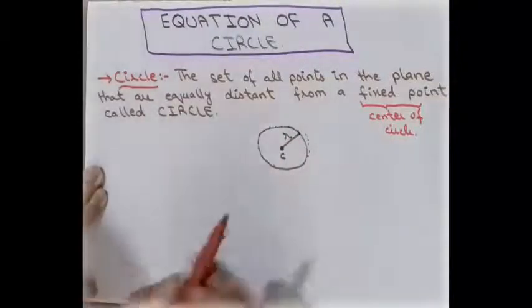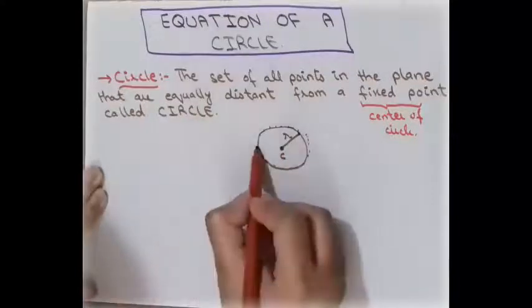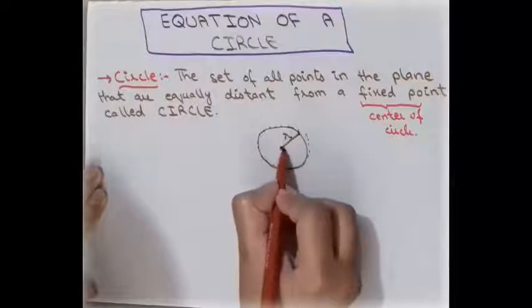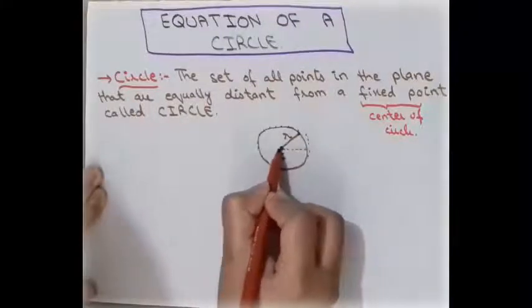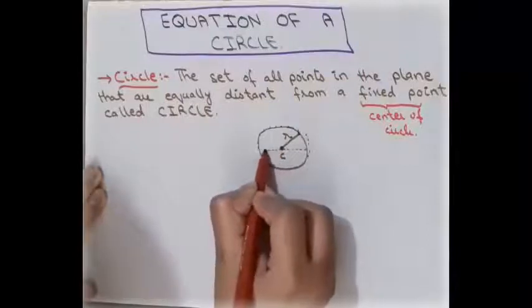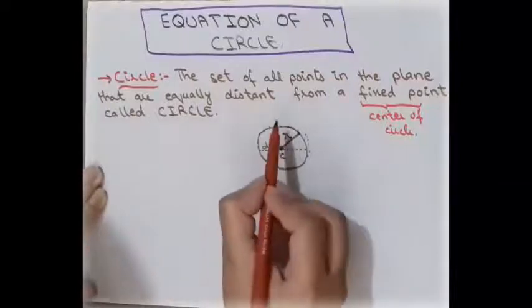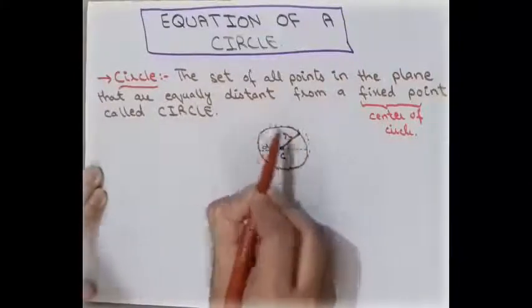The full length of a line passing through the center of the circle which meets the points of the circle is called the diameter. This is the radius, and if we double this length it is called the diameter. The whole length is the diameter, and the distance around a circle is called the circumference of the circle.